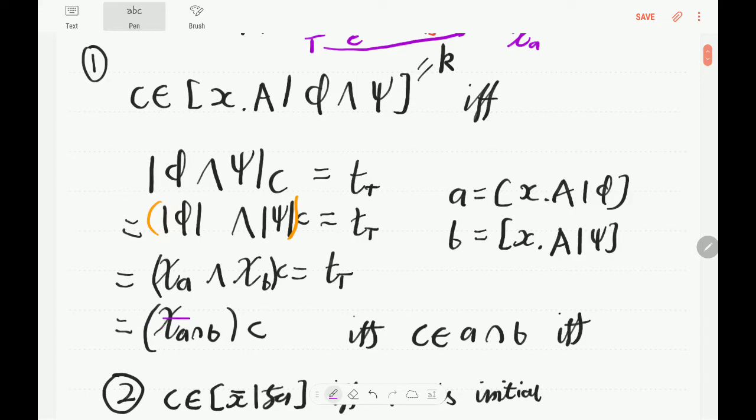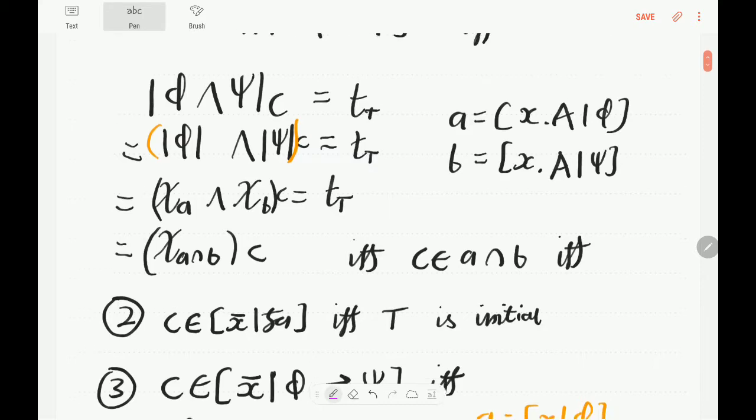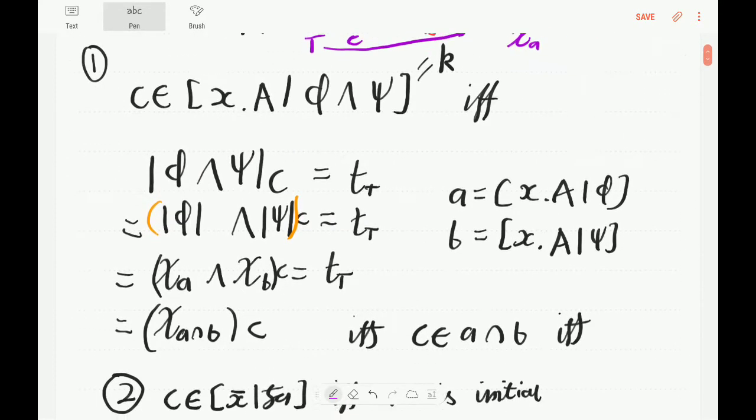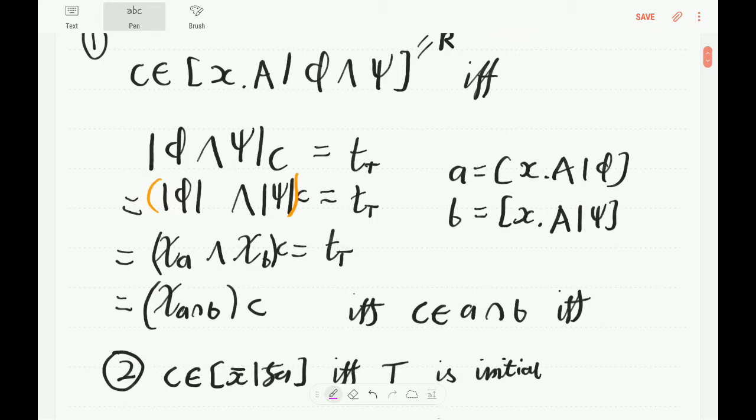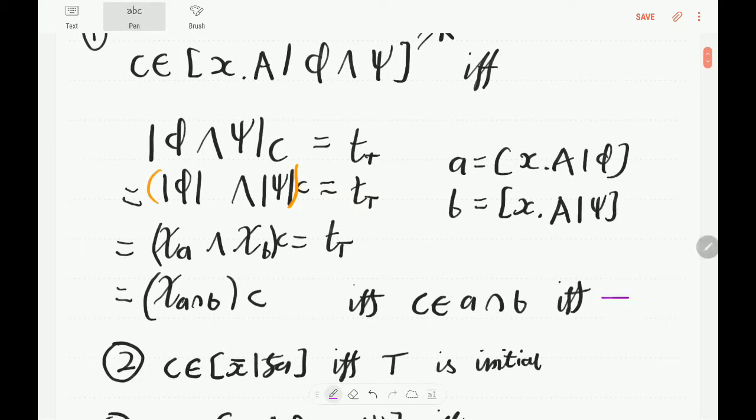Now, we know that that's the same as saying that chi of A intersection B after C is true, which is saying that C is in A intersection B, which is saying that C is in A and C is in B. And that's basically the claim of this first point of the theorem.